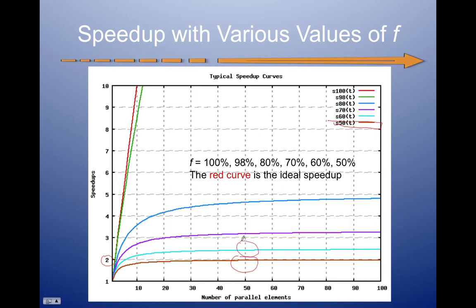Here is a curve for 60%, 70%, 80%, and here is 98%. Now you can see something, and this is the ideal speedup.